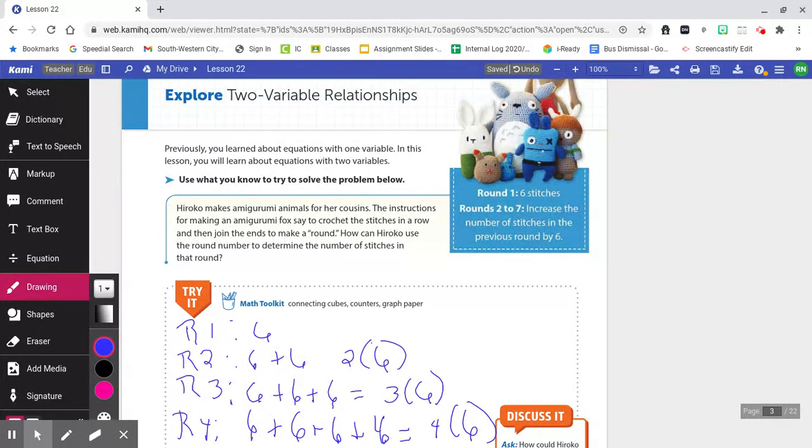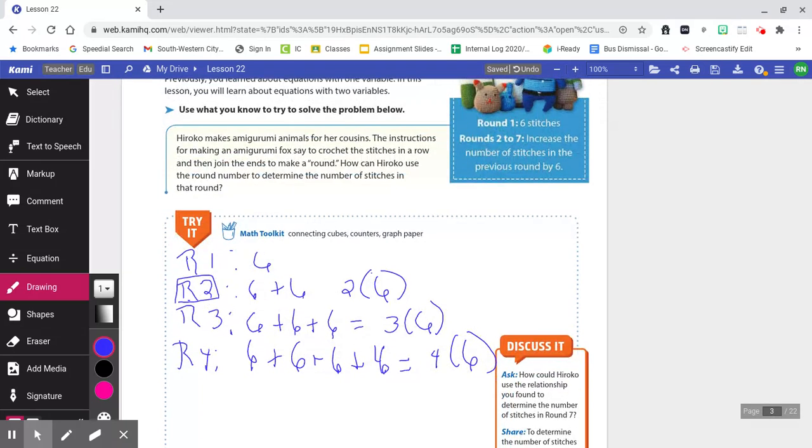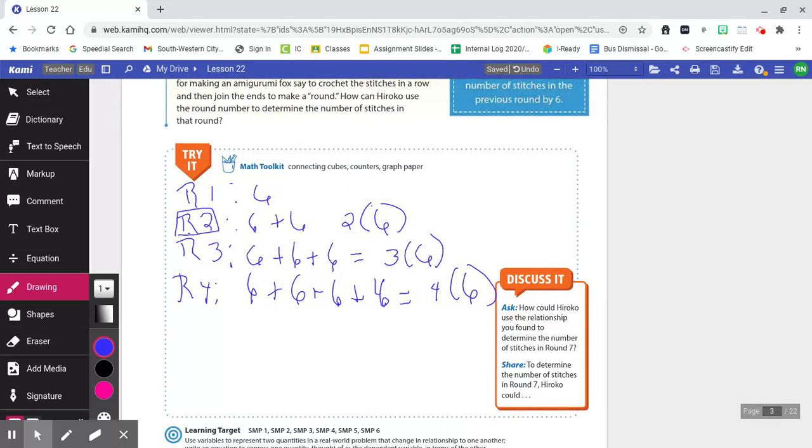So I wonder if you realized that if I took the round number and multiplied it by 6, it would tell me how many stitches would be in that round. So you could have done multiply the round by 6.